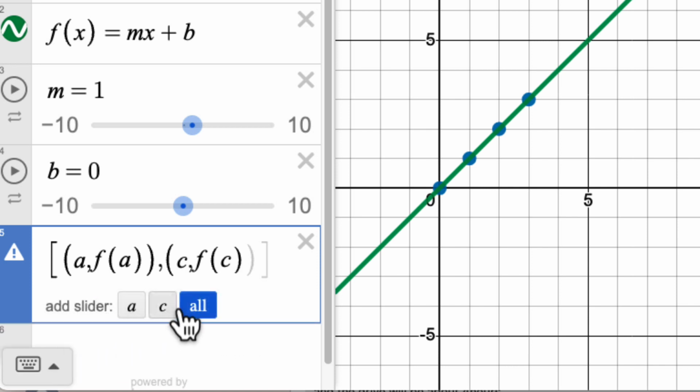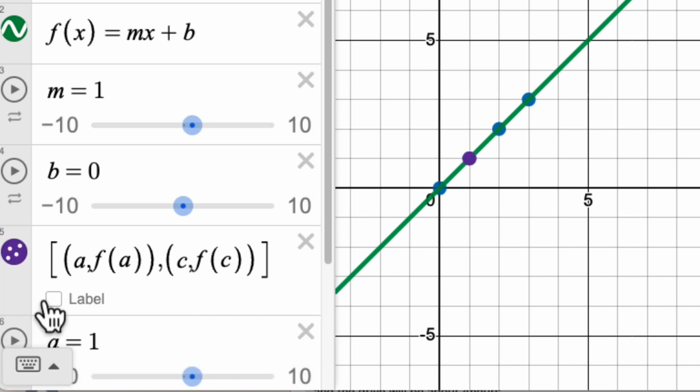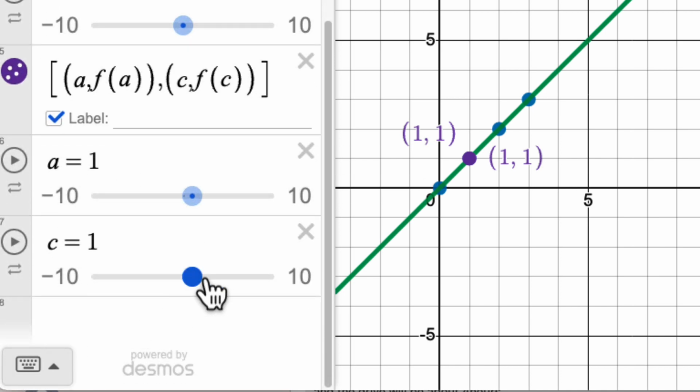Create sliders for a and c. Click on Label, change the value of c to c equals 2. Points A and C are the purple points.